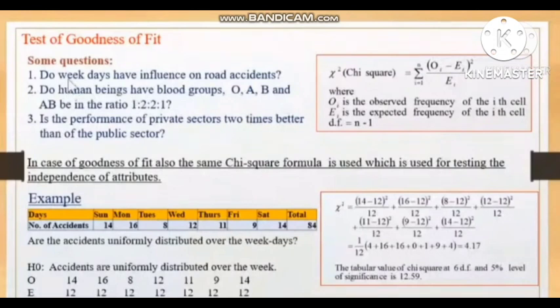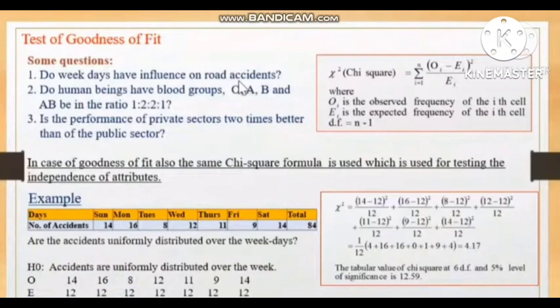Let me put some questions to you which will make clear what we mean by test of goodness of fit. Suppose our question is: do weekdays have influence on road accidents? Many people believe that on Saturdays, in the weekend days, there are more road accidents.